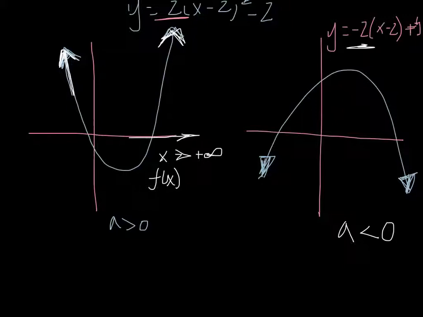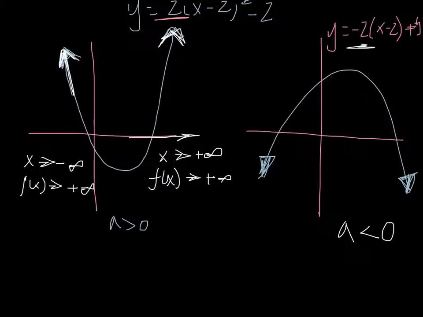Well, they're going up. How we denote up is positive infinity. On the left side of my graph, as x gets negative, when my x's get smaller and smaller and smaller, my y's are getting bigger.